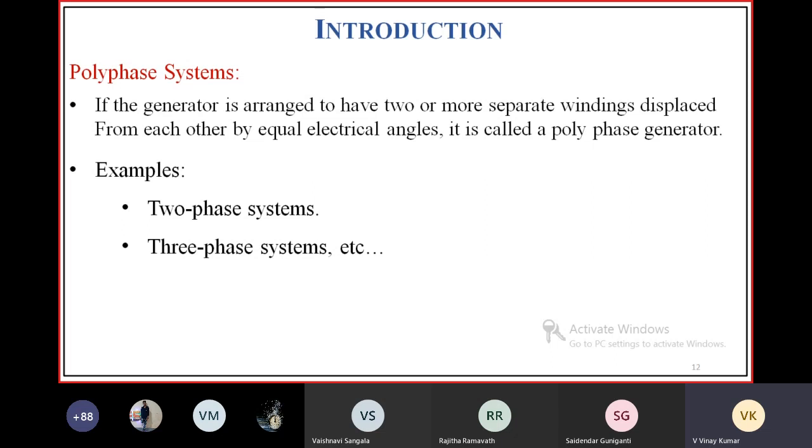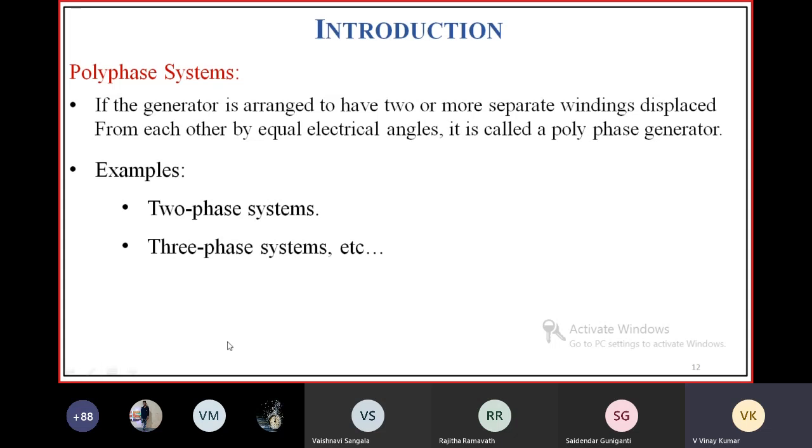Whereas in a polyphase system, the generator is arranged to have two or more separate armature windings. If the generator has two armature windings, they will produce two equal individual voltages, and that system is called a two-phase system.